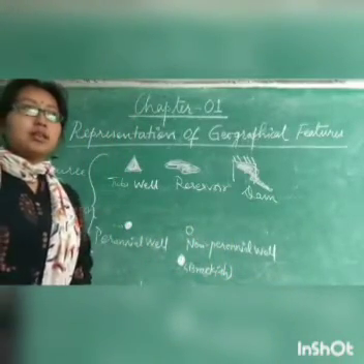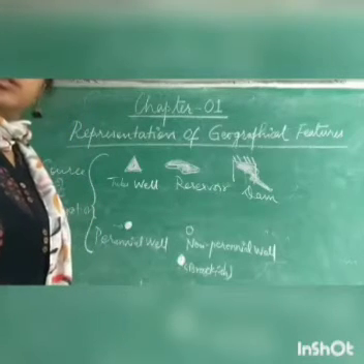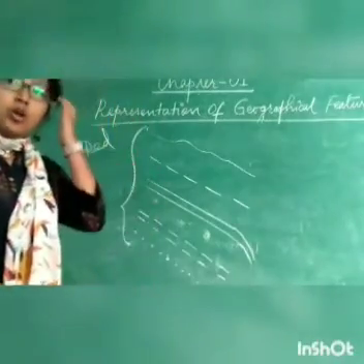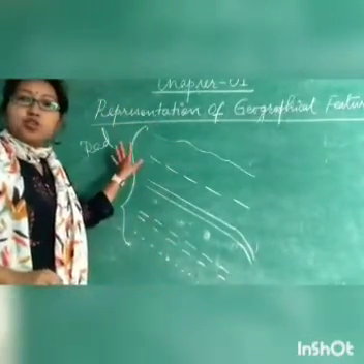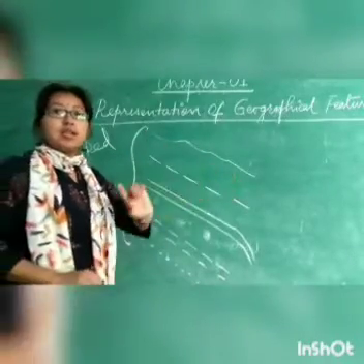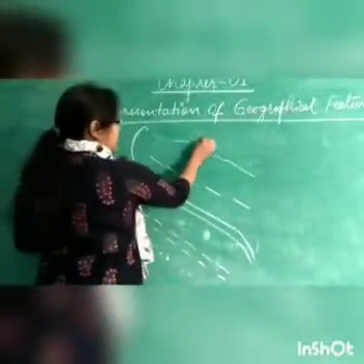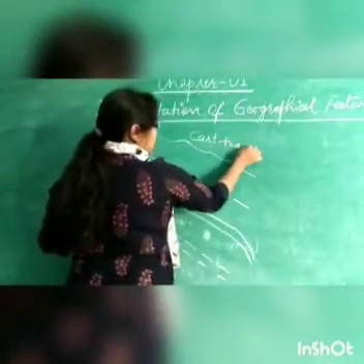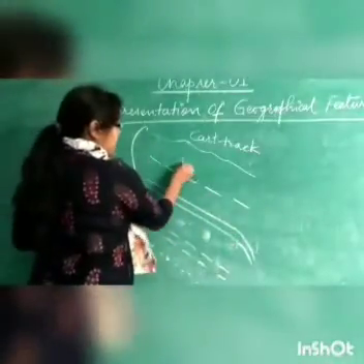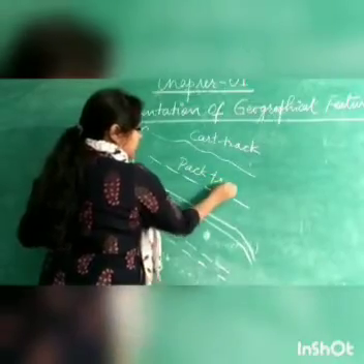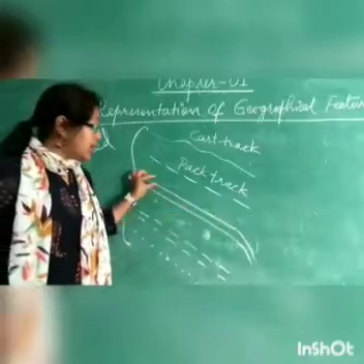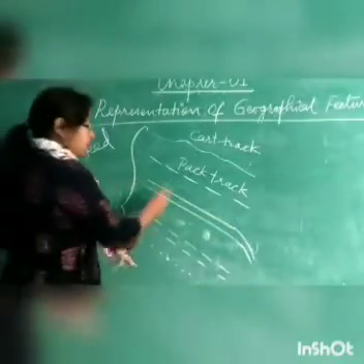Okay, now next. Now these are all drawn in red color. The single red line represents a cart track. A single dashed red line, that's your pack track. A double line, that's your metalled road.